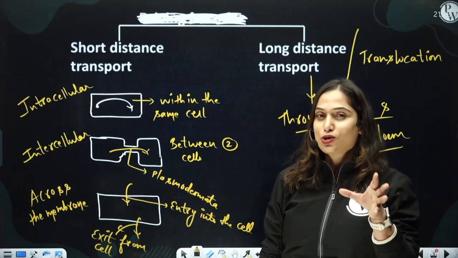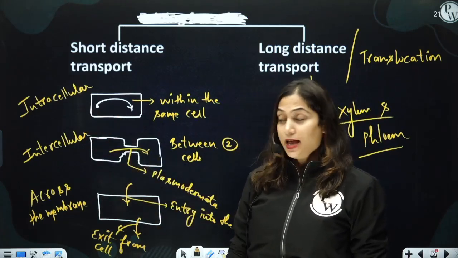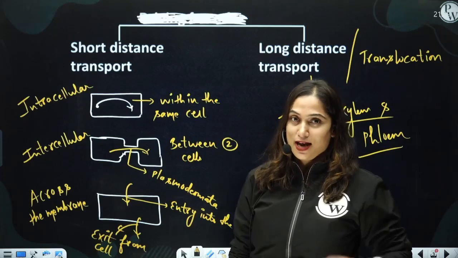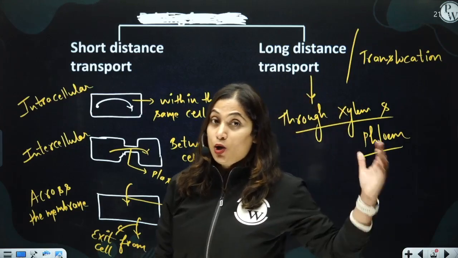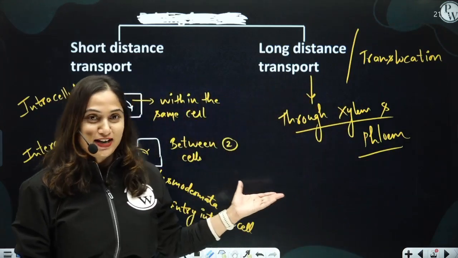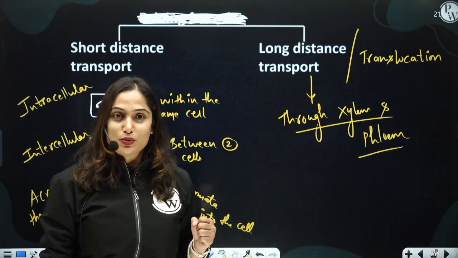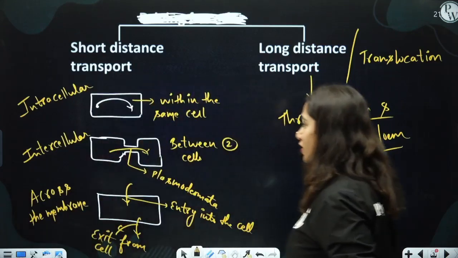That means short distance transport can be intracellular, it can be intercellular, and it can be across the membrane, that is entry into the cell or exit from the cell. Long distance transport, on the other hand, is also called translocation, which occurs through xylem and phloem. So these are two kinds of transport.